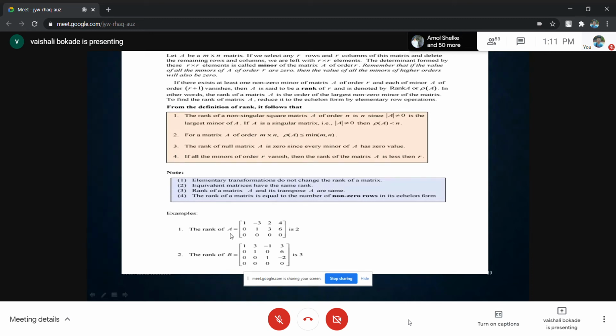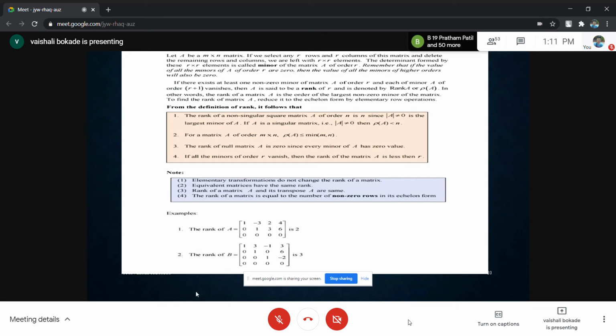So A and B are already in echelon form. For matrix A, I have one zero row and 2 non-zero rows, so the rank of A is 2. Matrix B has 3 non-zero rows, so the rank of B is 3.